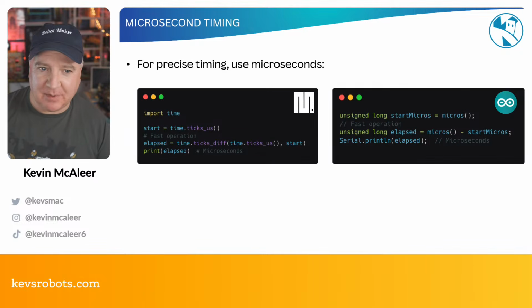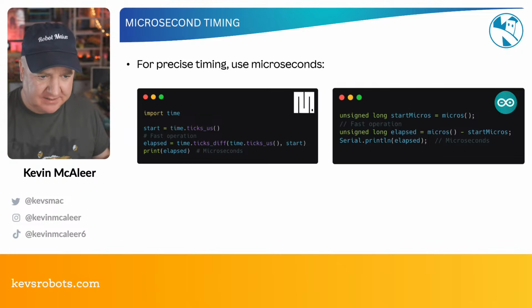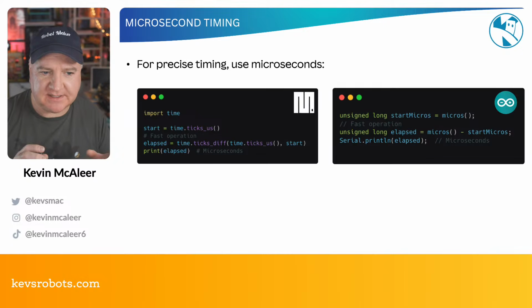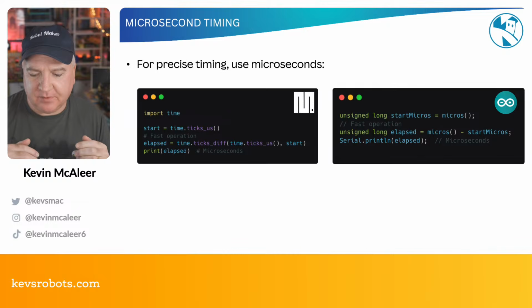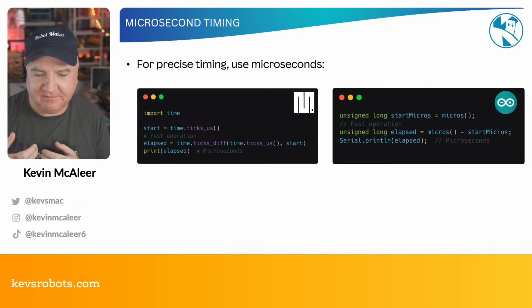And for precise timing, we use microseconds. On the left-hand side, MicroPython has this time library that we can use whenever we want to do anything with timing. time.ticks_us gets us microseconds. For elapsed time, we can use ticks_diff, because of the way numbers are stored in variables.